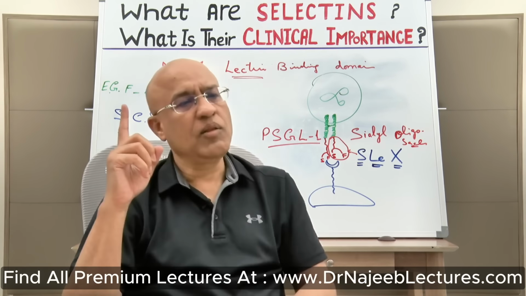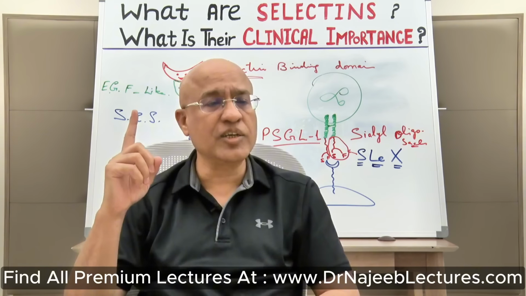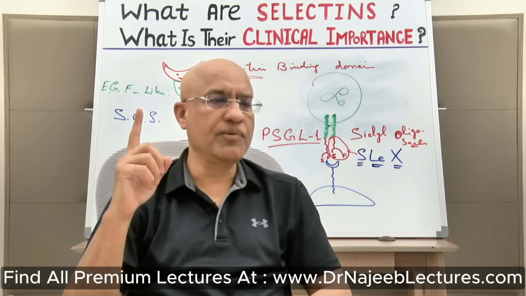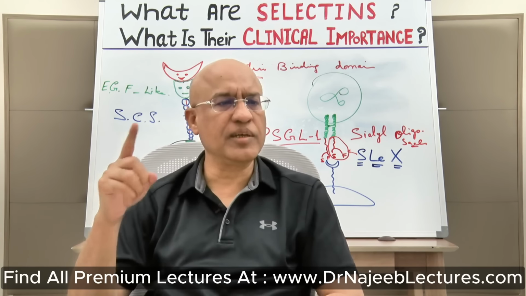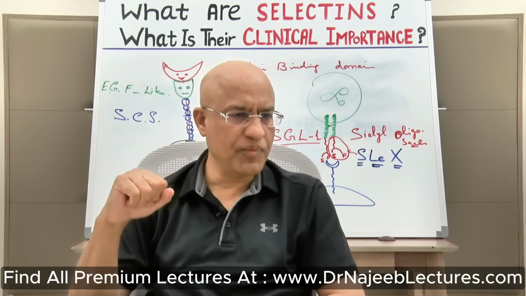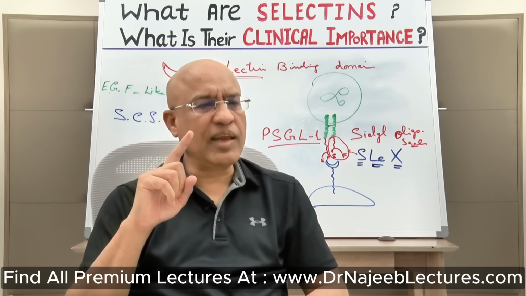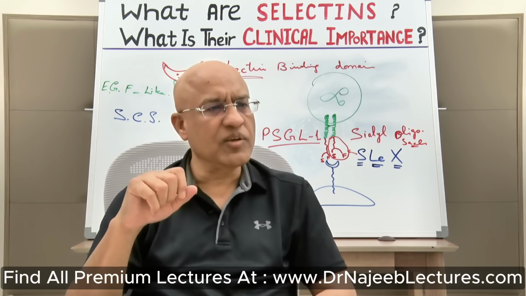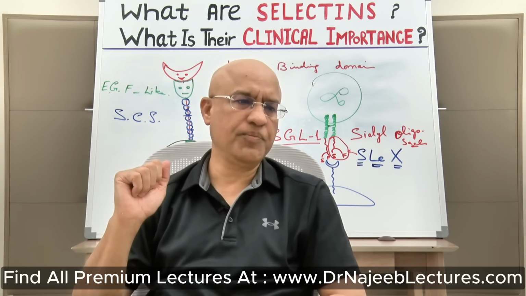So the number one function of the selectins is that they act as early adhesion molecules during the recruitment of leukocytes, for example neutrophils in the early stages of acute inflammation. Number two, I told you that these L-selectins are present on almost all white cells, but I'm specially mentioning they are present on lymphocytes, right?